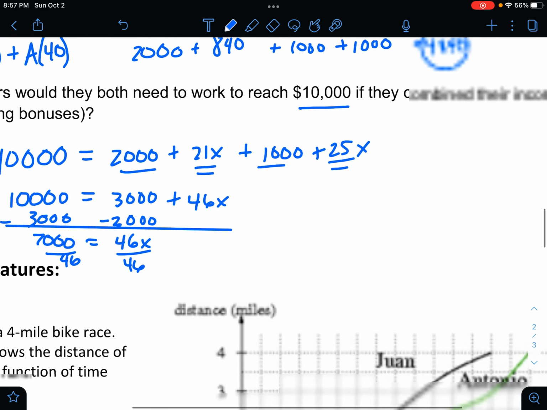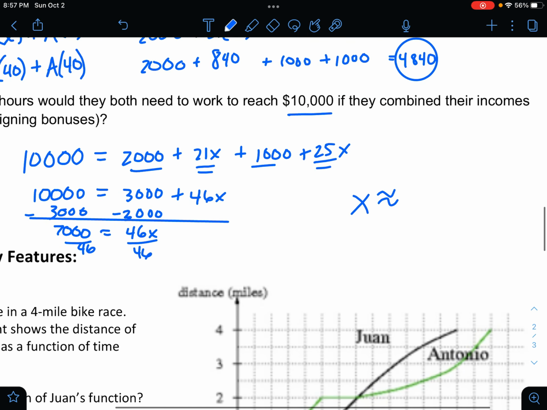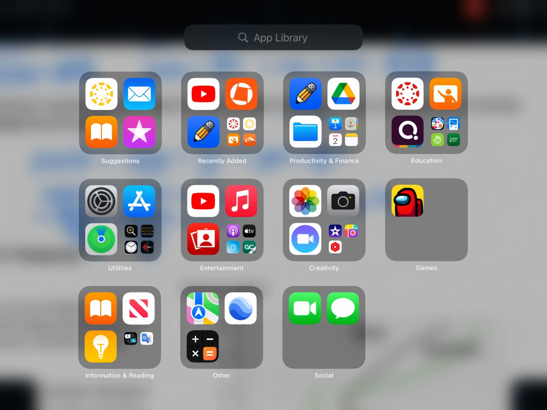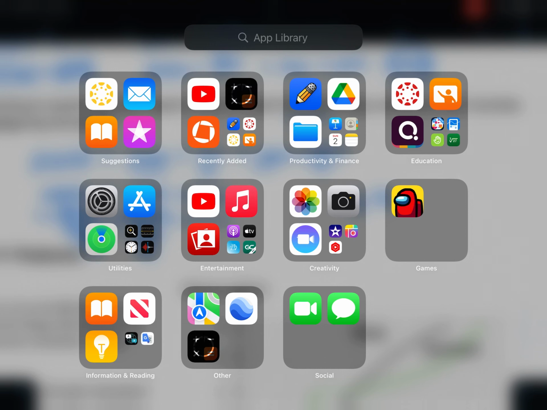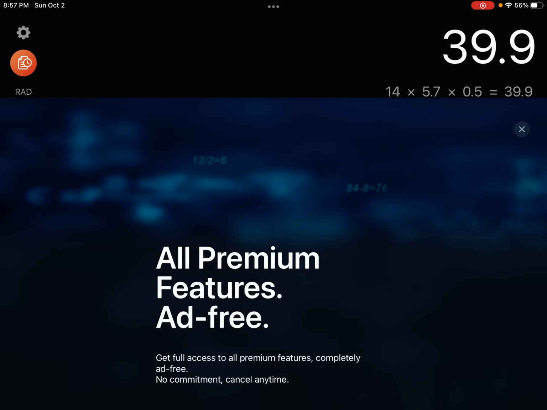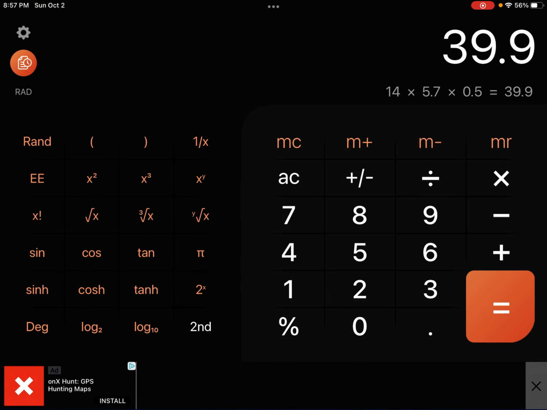And we have that x is about, let's see, do we have a calculator on this? We do. Oh no, it needs to install. Well, that's not good. Let's see if it installs somewhat quickly. There we go. Okay, I don't care about your premium features.